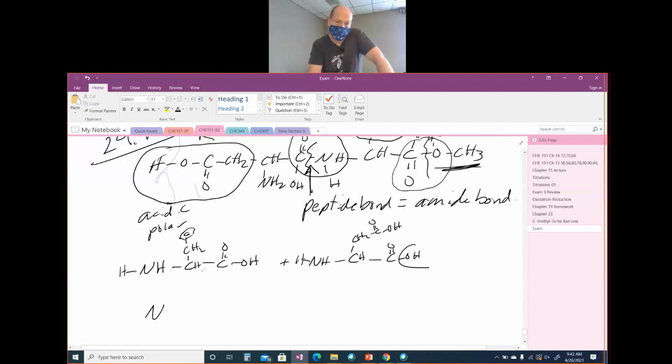And so here we're going to have NH2, we just want a dipeptide, NH2, CH, and then you have your CH2 with your phenyl. Abbreviation for this benzene ring is Ph. C double bond O, and now we have lassoed that water.